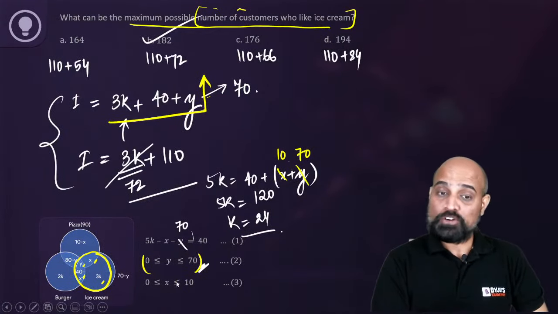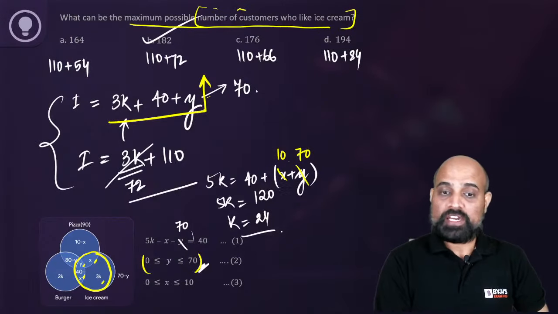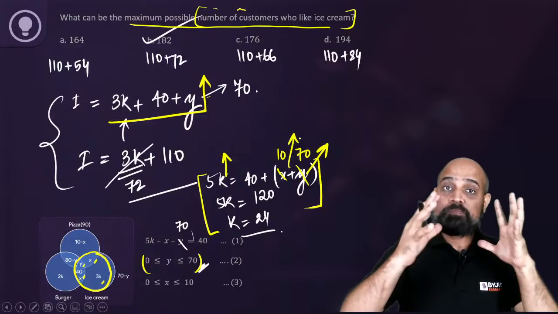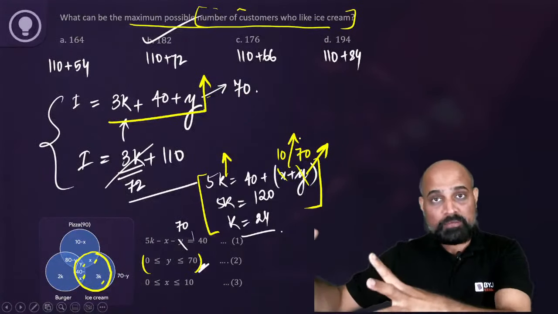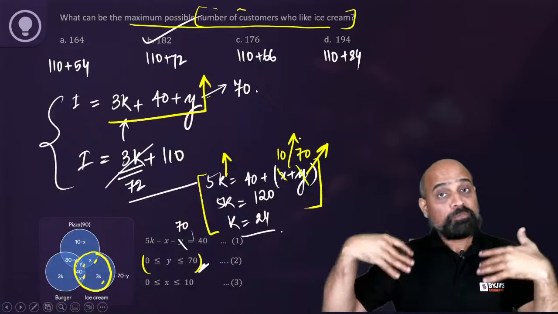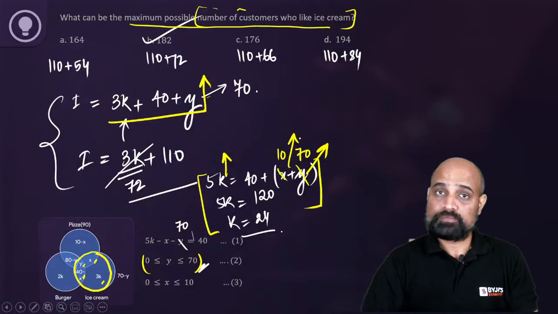Now for the value of k, we will look here. और इधर से can we say कि if k has to be maximized, then y and x, they should also be large. 40 plus big number plus big number. When you divide that by 5, that will be the biggest possible number with the restrictions we have.